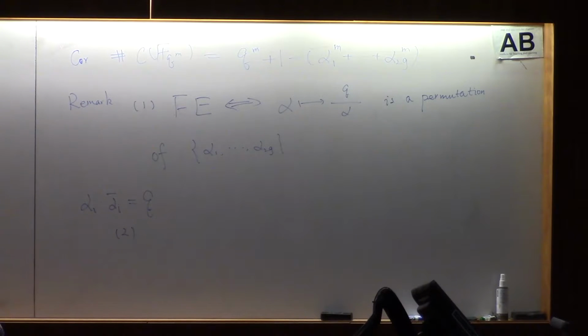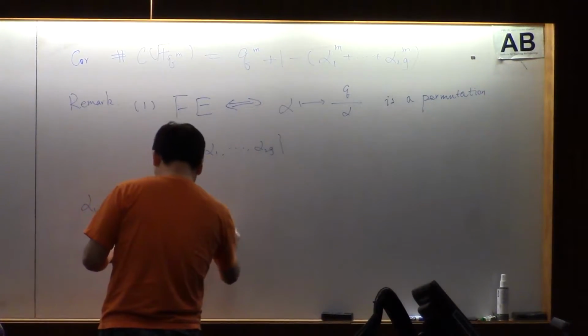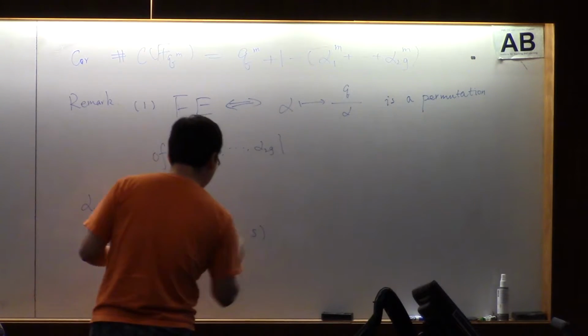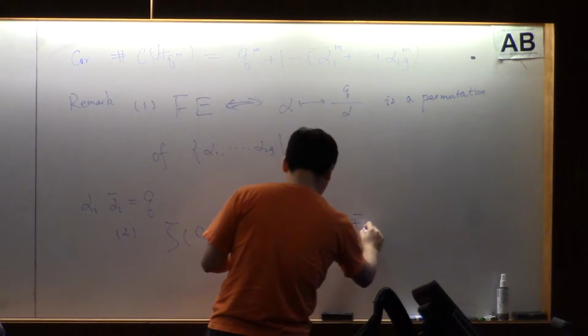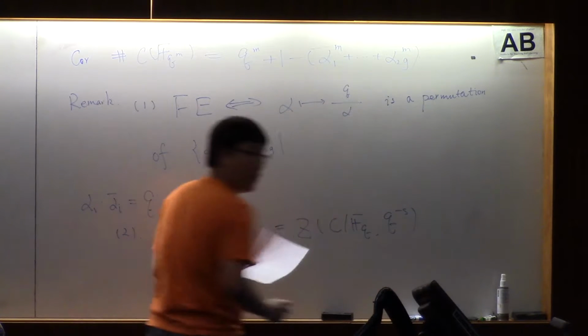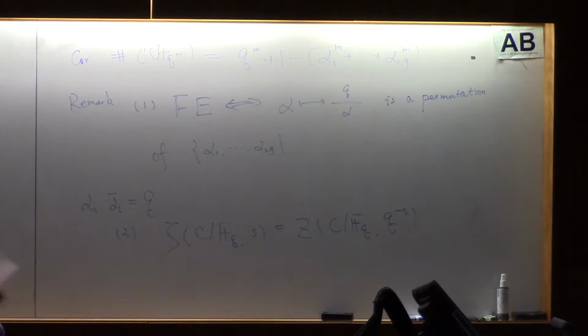This is what the functional equation says. The second part is the thing you just asked. Why is it called the Riemann hypothesis? Because for simplicity, I just defined the zeta function in this way, but you can do a change of variables. I introduce a new variable s, and I replace the variable t by q to the negative s.